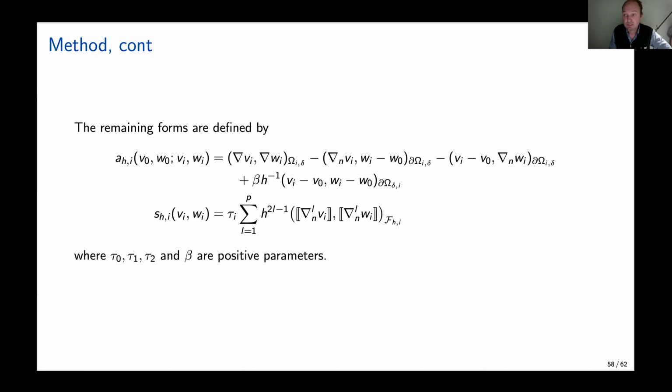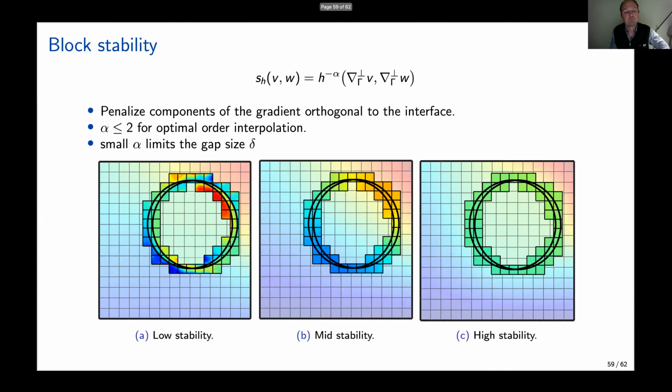Yeah, so it's just a hybrid formulation with this block mesh, and then we use proper stabilization on the block mesh. So here you can see just the illustration in 2D, what happens when you use different stabilizations here in the normal direction.